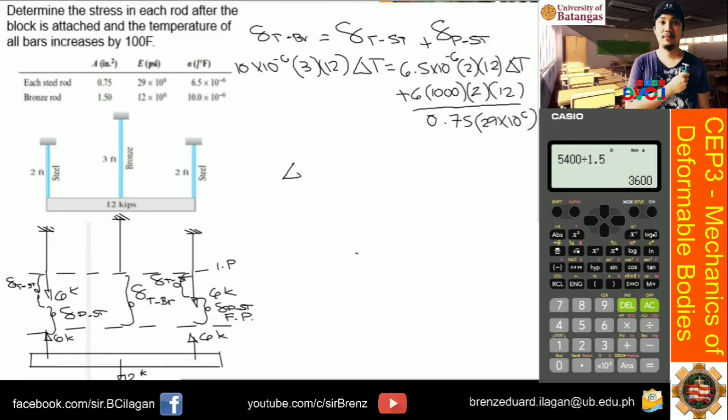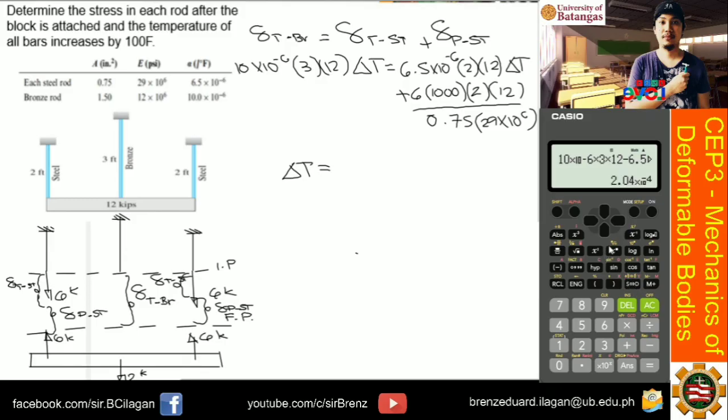Okay, so with that, mahanap natin yung change in temperature required para mag-carry lang ng load is yung steel rod. So, pindutin lang natin. So, ito muna unahin ko yung delta T. So, 10 times 10 to the negative 6 times 3 times 12. So, transpose ko to yung 6.5. So, minus 6.5 times 10 to the negative 6, then times 2 times 12.